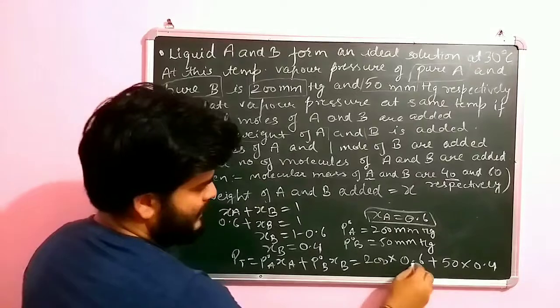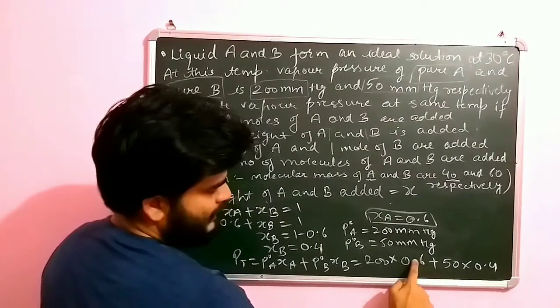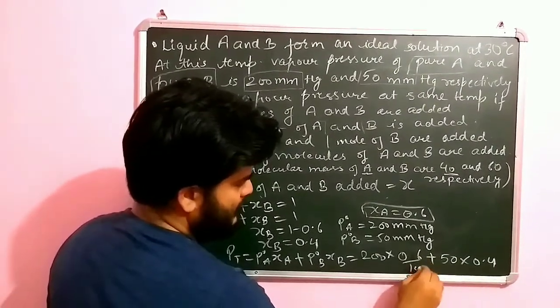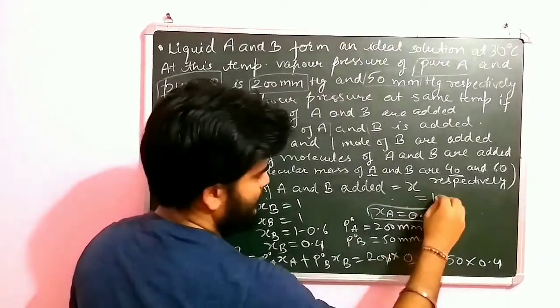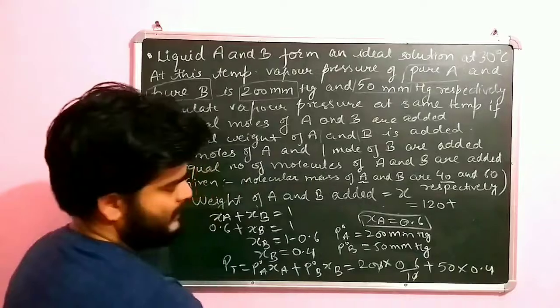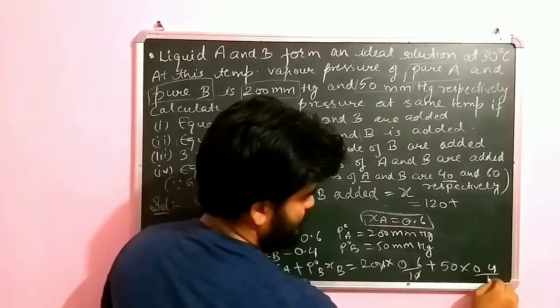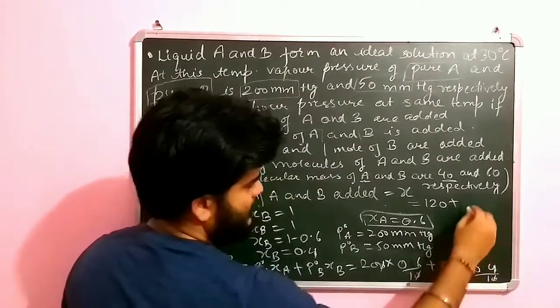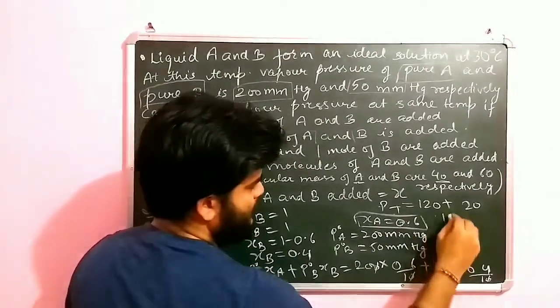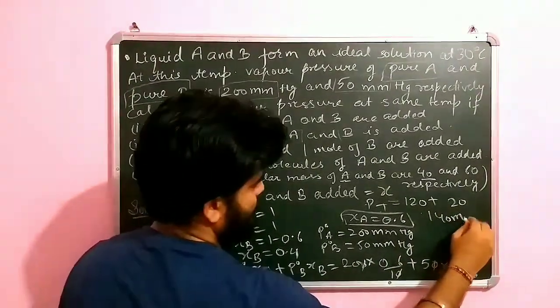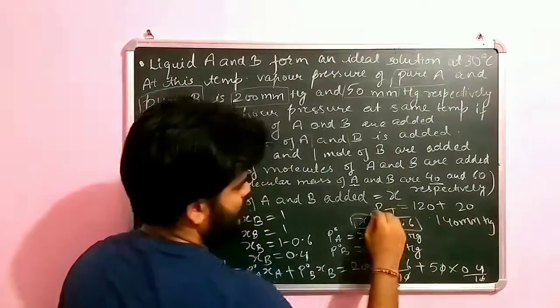When you multiply this, you remove this 10, 0.6 into 20 will give you 120, plus when you remove this 10, it comes here plus 20. So total this comes out to be 140 mm Hg.